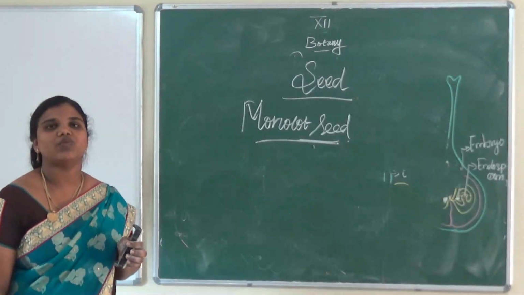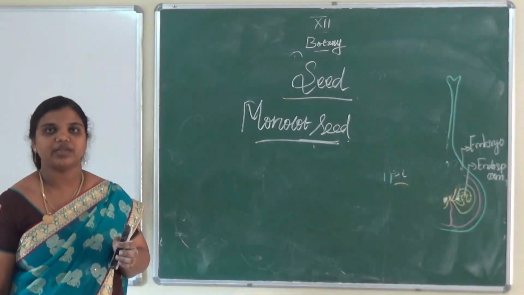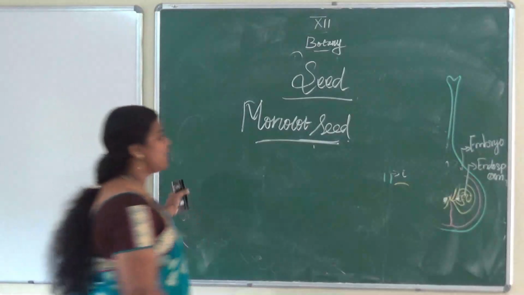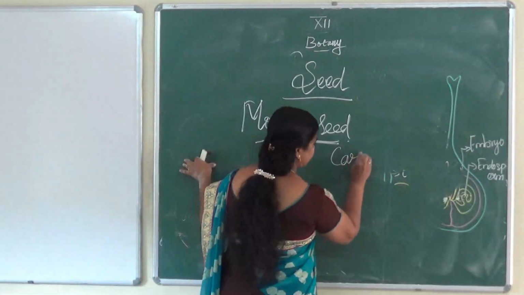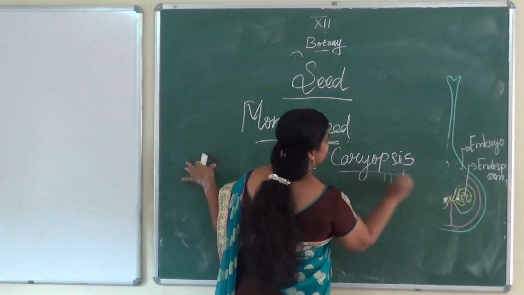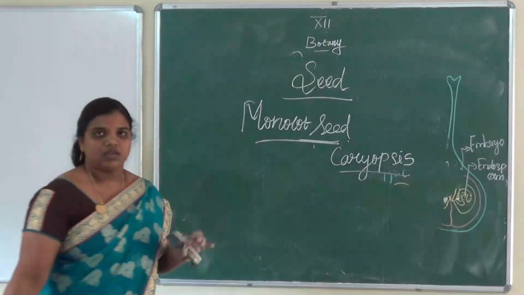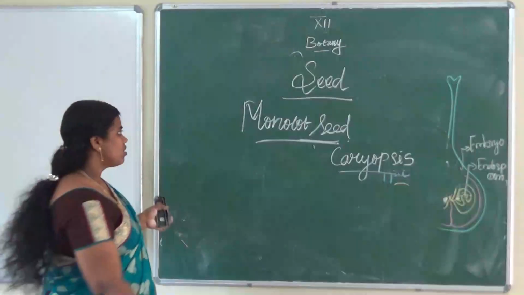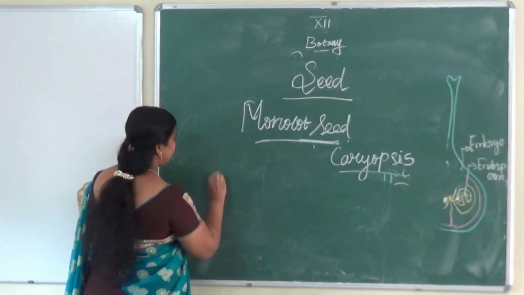Example, paddy. This is a one-seeded fruit, so you have to call it caryopsis, meaning one-seeded. Example, paddy.